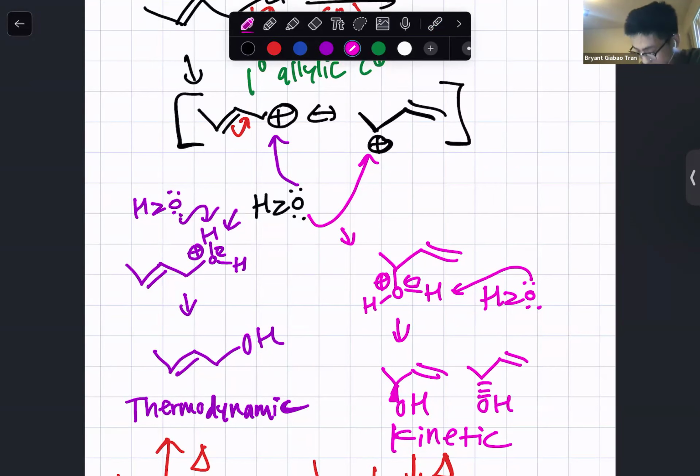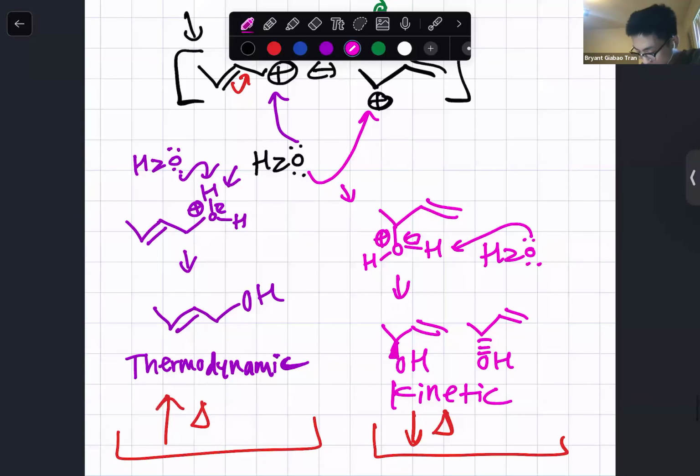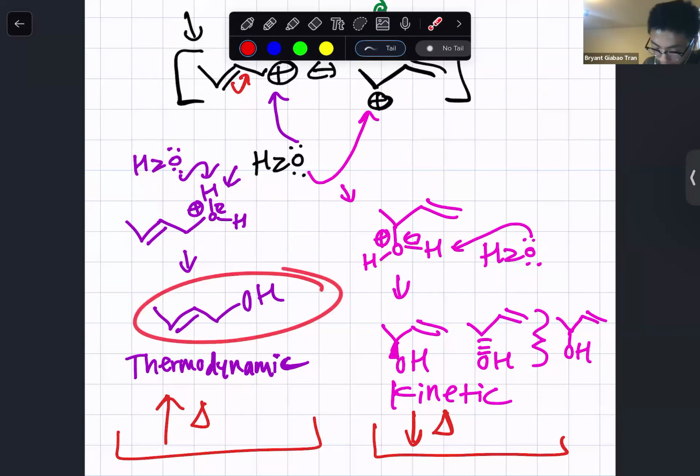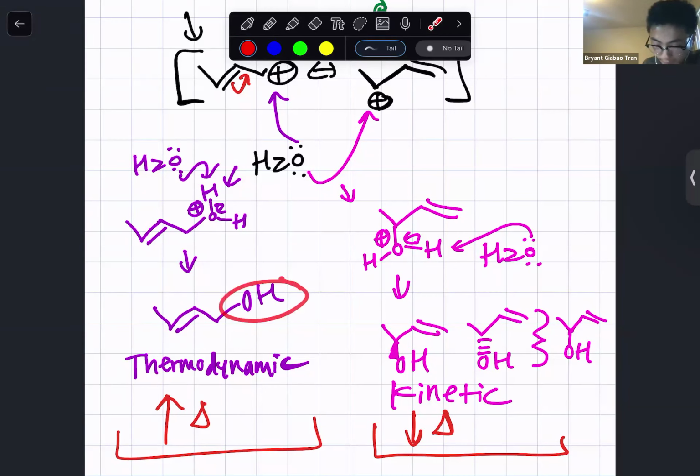So you could include stereochemistry like that, but since there are no other chiral centers, if we make that into a flat bond, this flat bond here represents that it could either be a wedge or a dash. But in this product here, we do not need to include stereochemistry at all because this is not a chiral center. That carbon there has two hydrogens.